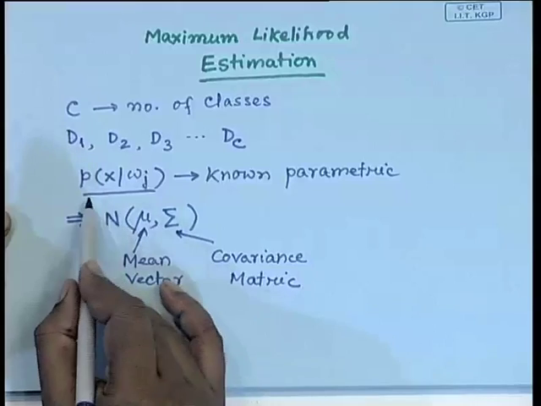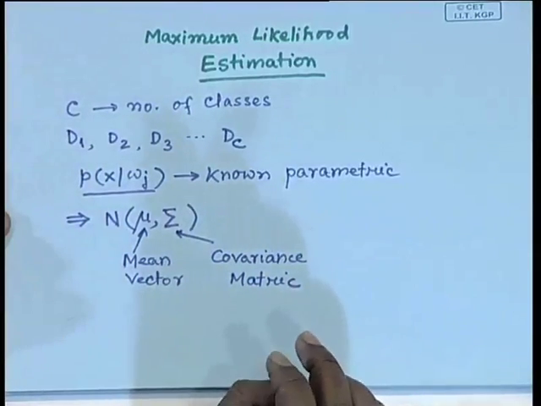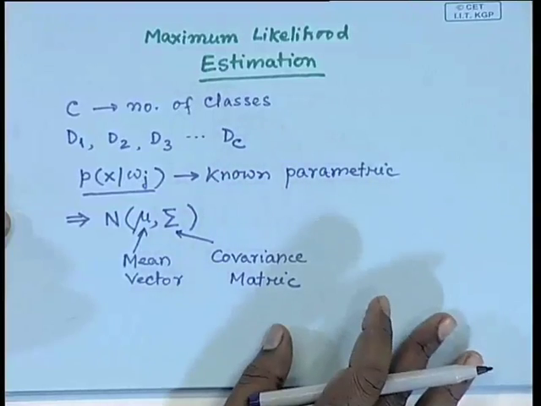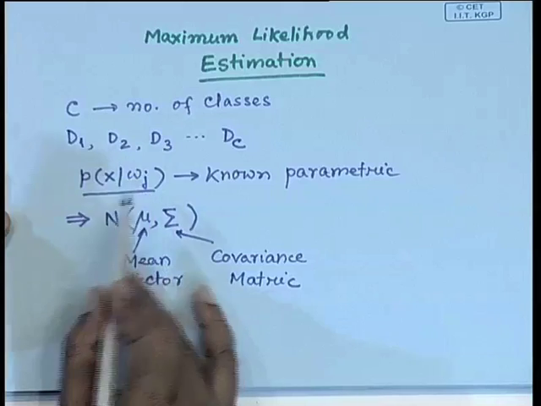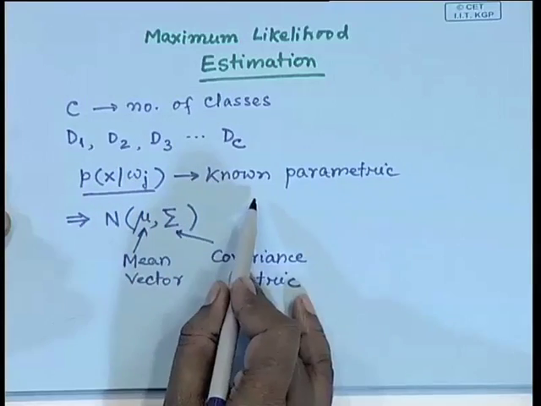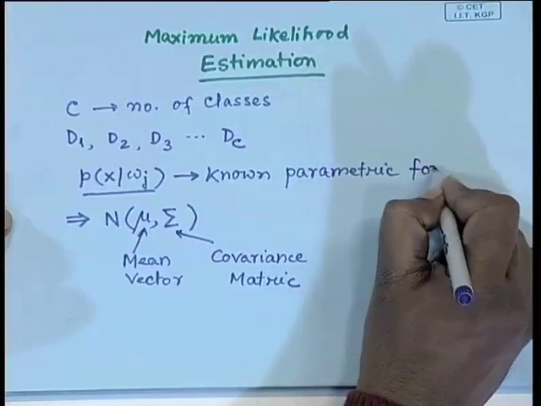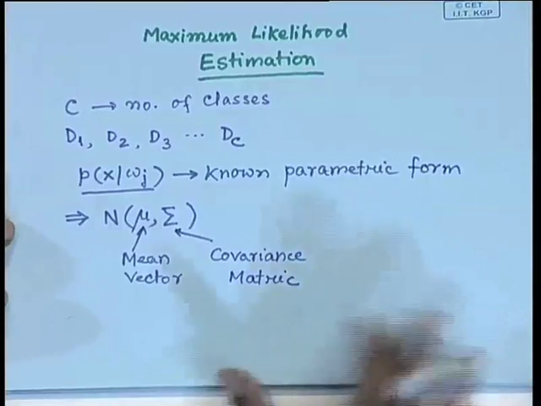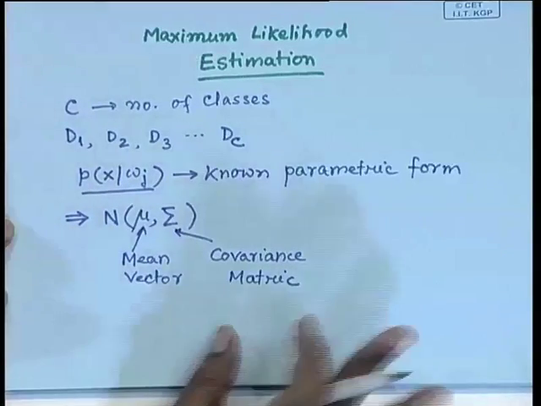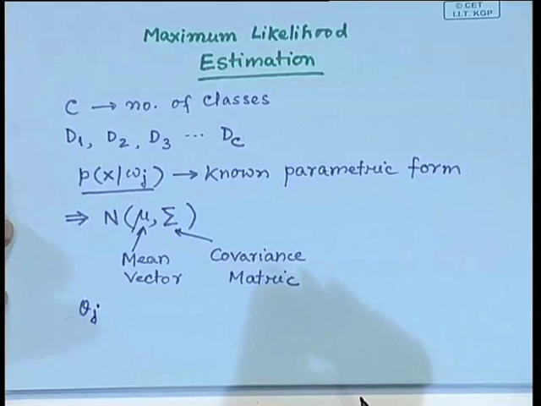Okay. So, what I assume there is that the samples in set D j are drawn independently according to the probability law P x given omega j, where this P x given omega j has a known parametric form. In general I can assume that for class omega j, the parameter vector is given by theta j.